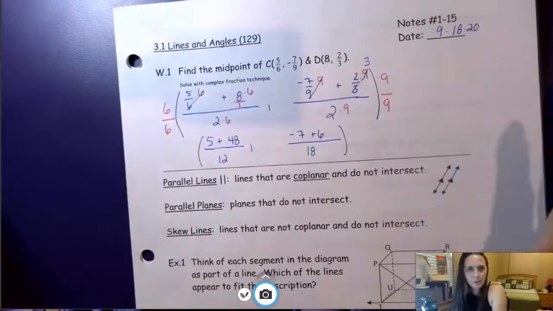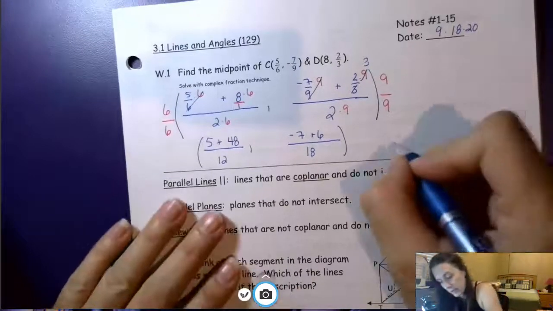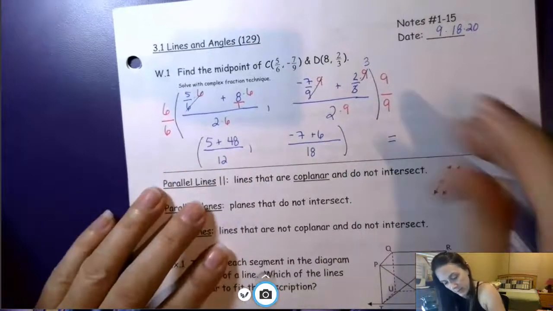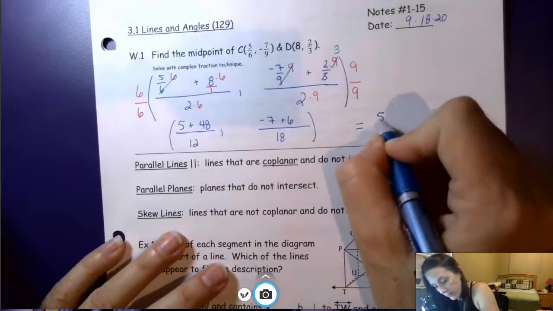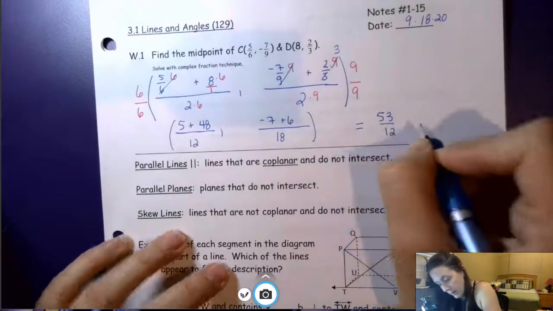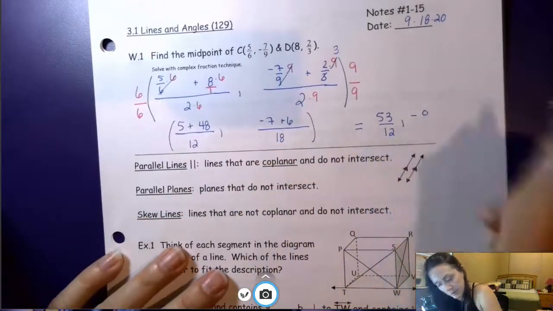Okay, so now you can just simplify these. You're still going to have a fraction as your midpoint, which is fine. You start with fractions. 5 plus 48, we end up with 53 over 12. And here, negative 7 plus 6, we end up with, oh, that's not 6.